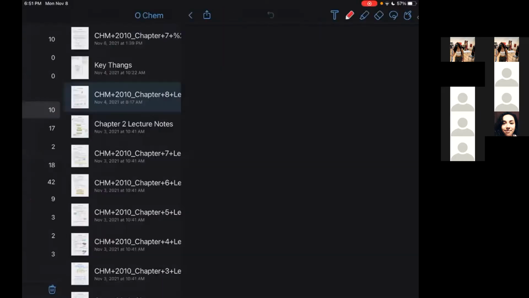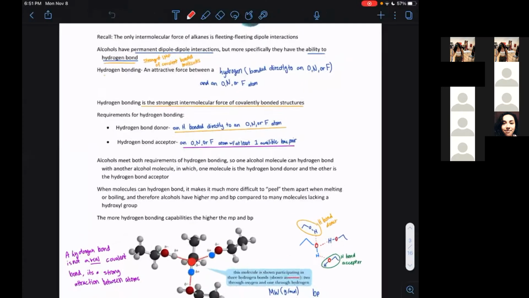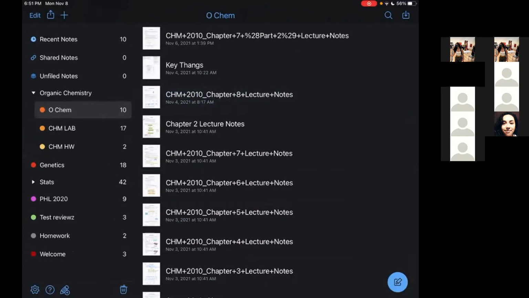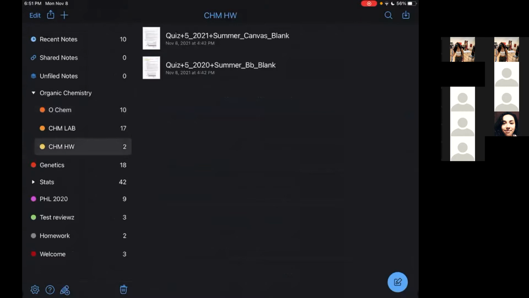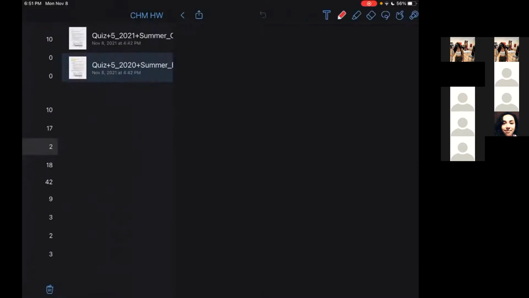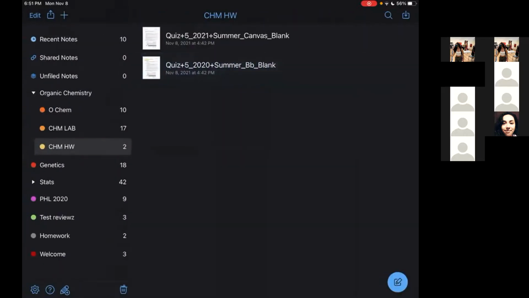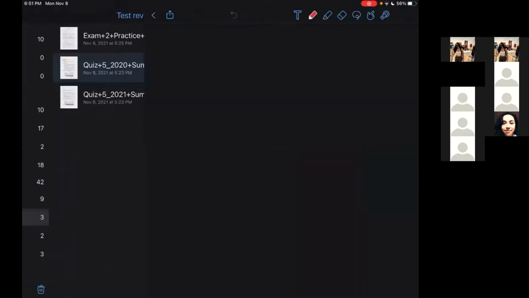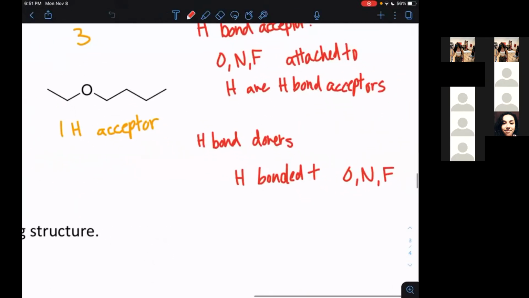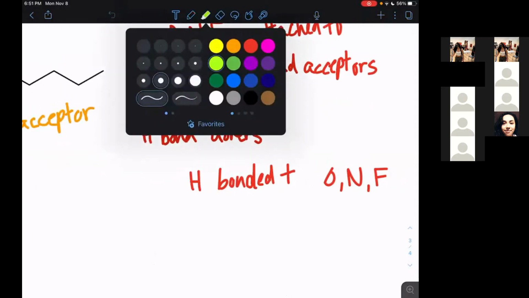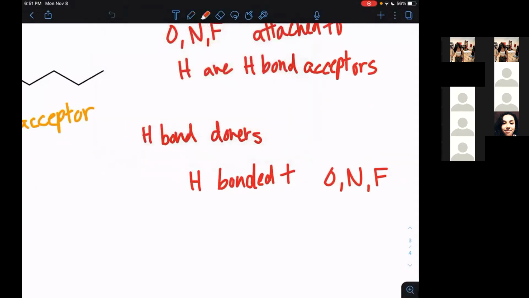Okay, just those. Anyway, so the hydrogens are donors and the actual elements are acceptors.